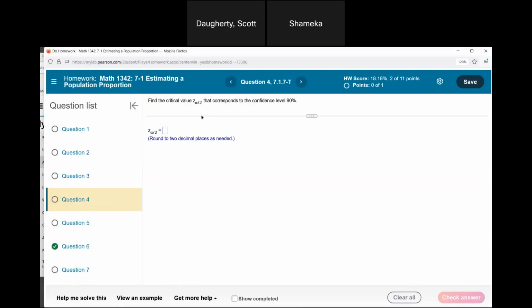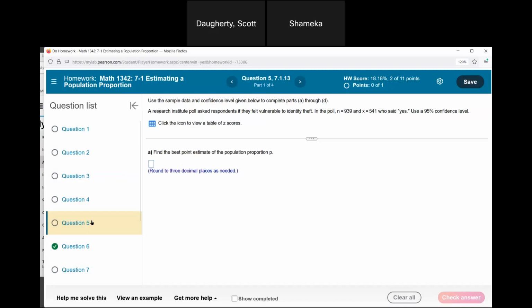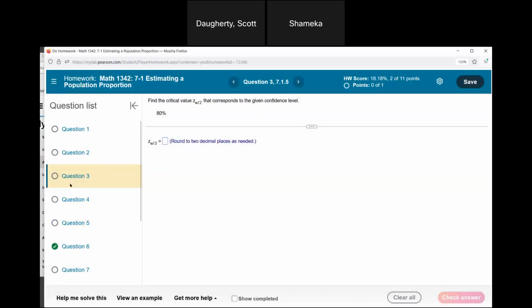So you're going to practice finding the z-score first, and once you get comfortable with that, they give you a couple problems, then you can actually do another one I did where you find the margin of error and the actual confidence interval. But you should practice finding this first, because this is the hardest part of it.